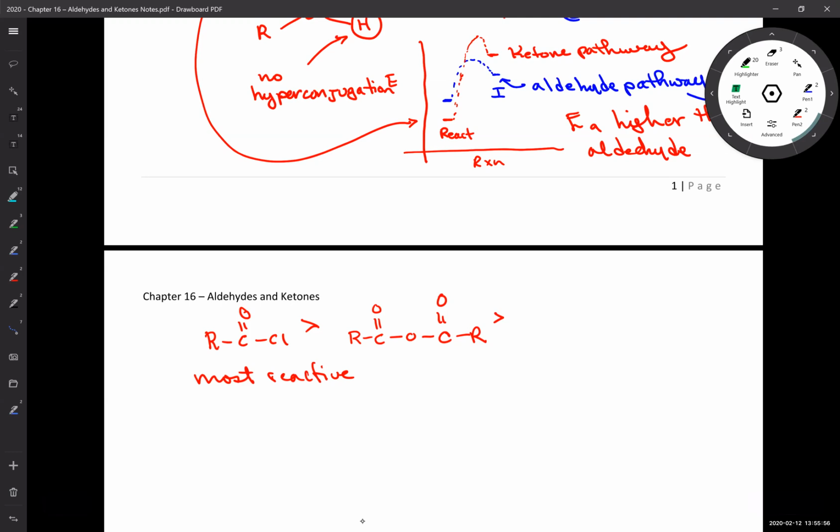And then we have aldehydes, and then ketones. And then to the right of that, esters, amides. I think that's all that is to the right of it, actually. Aldehyde, ketones, esters, amides.